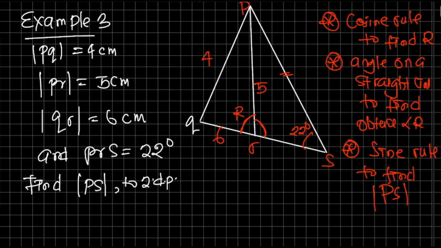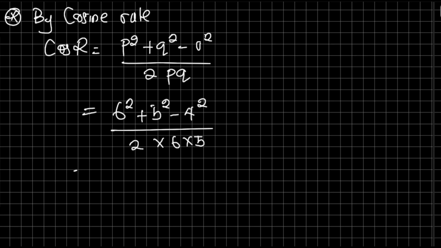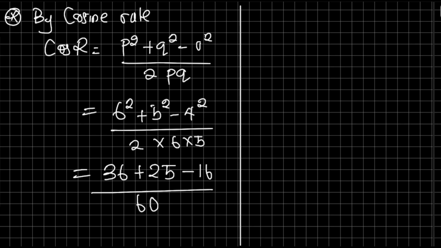That would be 36 plus 25 minus 16 all over 60.